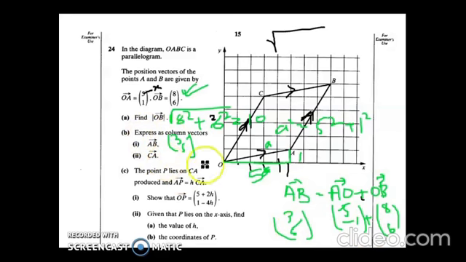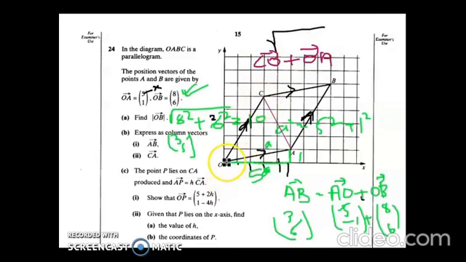Now, CA. Let's first mark CA. This is CA. We can find CA by CO plus OA. Let's find it through that because we can easily find the position vectors. So that will be CO plus OA. We already have OA, CO we can find.